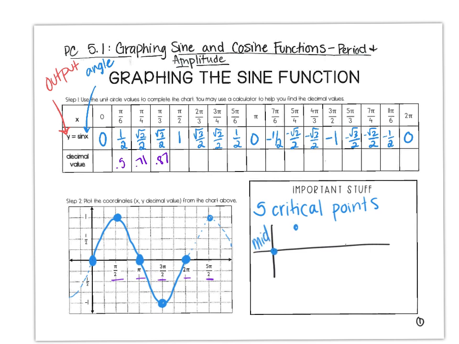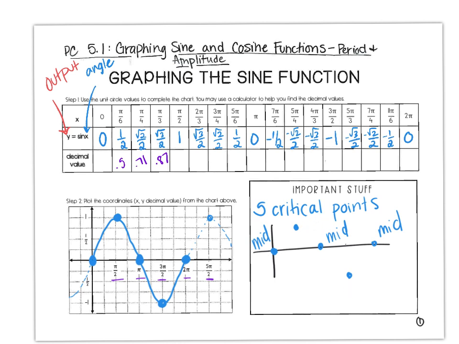Then it goes up to a max, back down to the mid, way down to the min, and back to the mid. So mid, you could say mid max or mid up. Maybe we'll say up instead of all these M's.